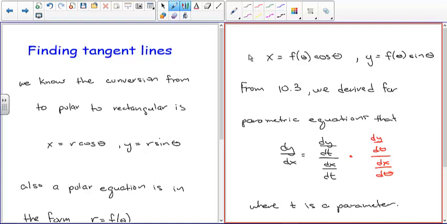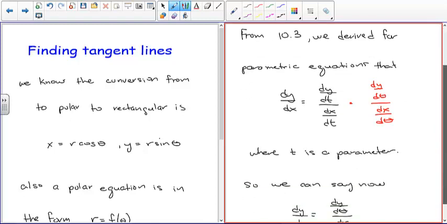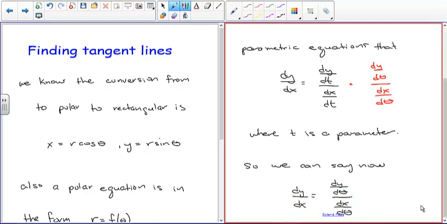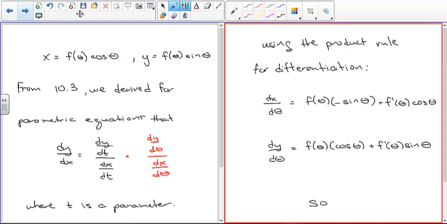So we have to use the product rule to evaluate dy d theta, because it's not just theta by itself, it's two parts. So you're going to use the product rule. All we're doing here is replacing t with theta.